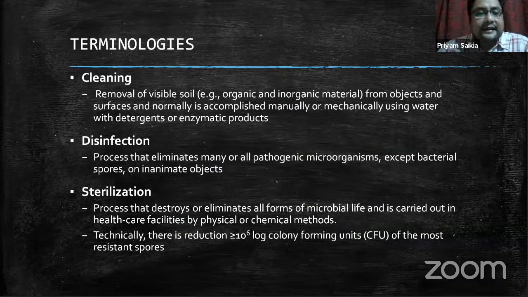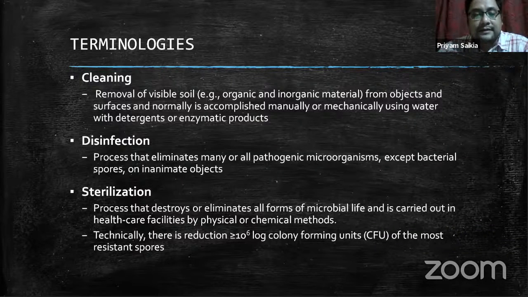Cleaning is defined as removal of visible soil, whether it's an organic or inorganic material, from the objects and the surfaces, and it is normally accomplished either manually or mechanically. We shall see to that in later slides. Then the next process after cleaning is disinfection. It is the process that eliminates many or all of the pathogenic microorganisms except bacterial spores and prions from inanimate objects.